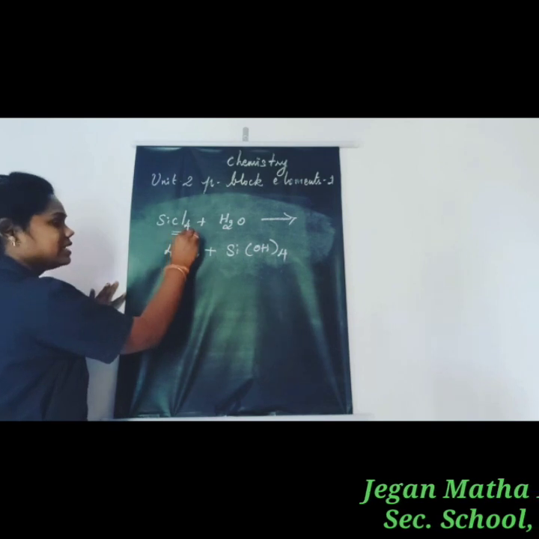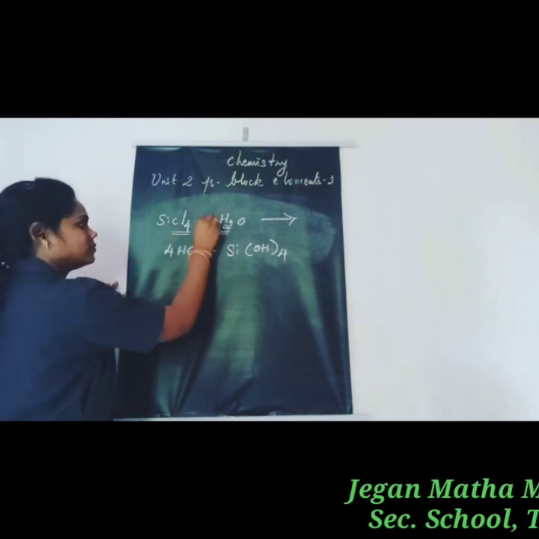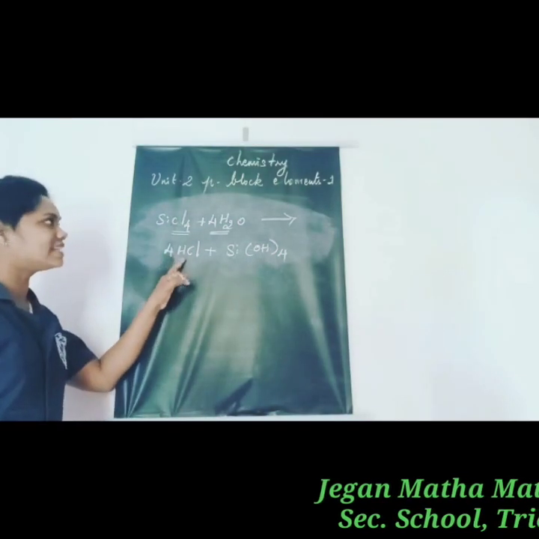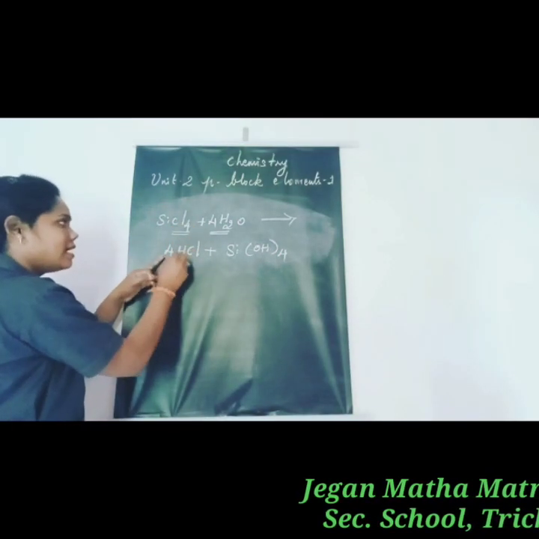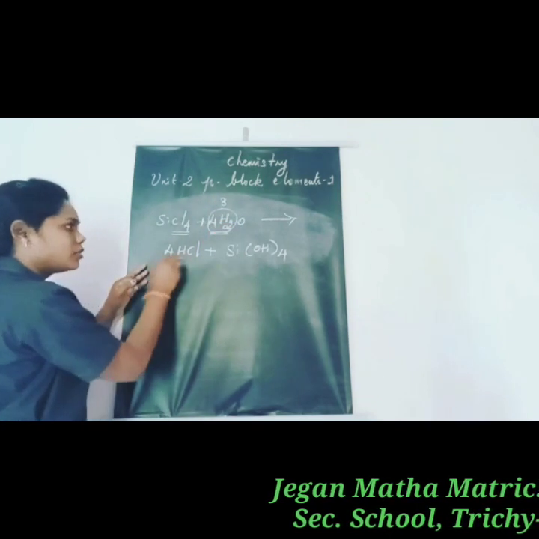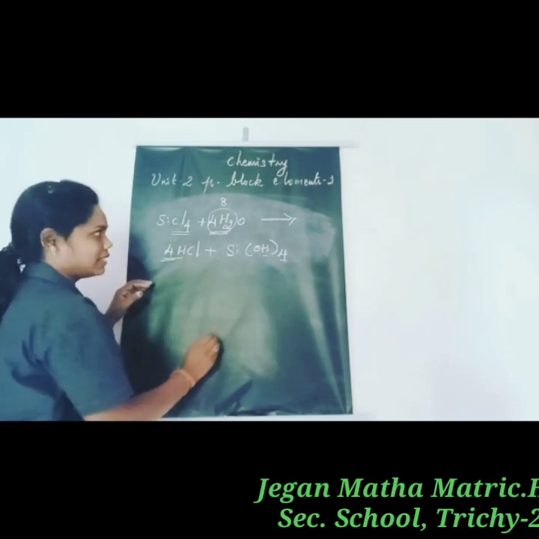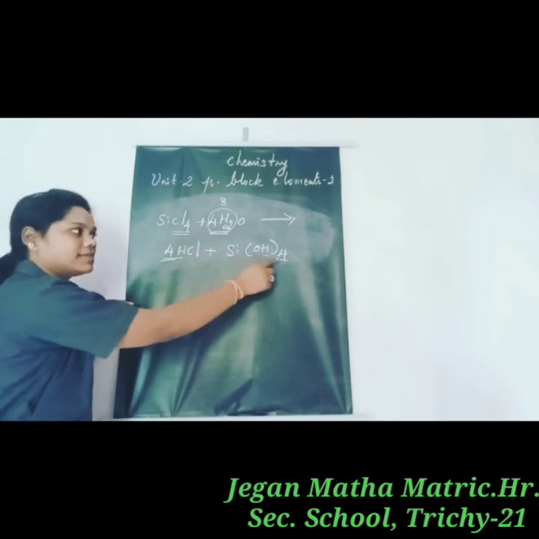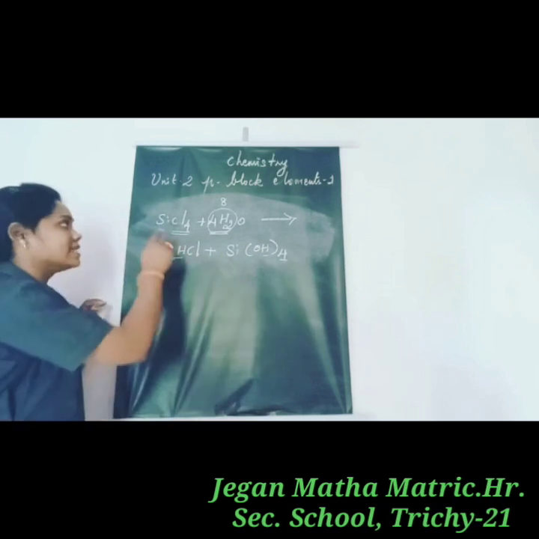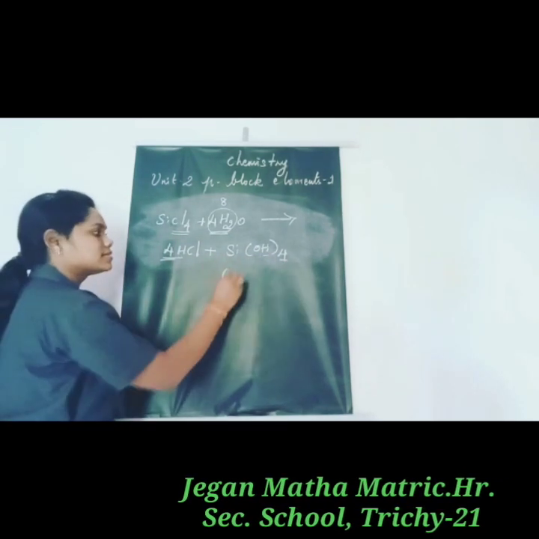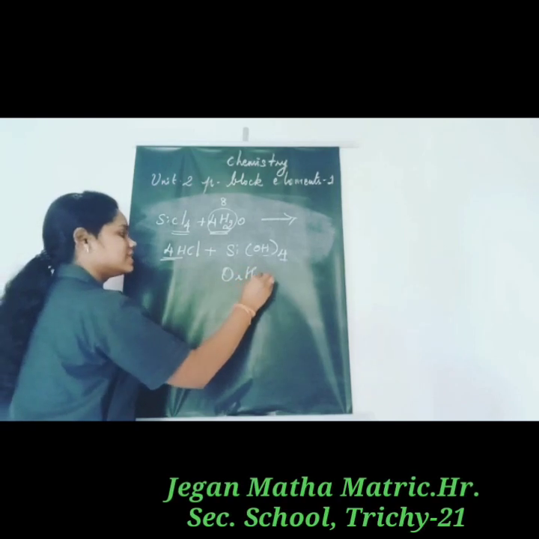Here 1 silicon, so here 4 times of water molecules. So 4 times of hydrogen chloride, 4 times of Cl. Here hydrogen totally 8 times, 4 2s are 8. Here 4 times of hydrogen, and oxygen here 4 times, so here also oxygen 4 times. And silicon here 1 time, here also 1 time of silicon.